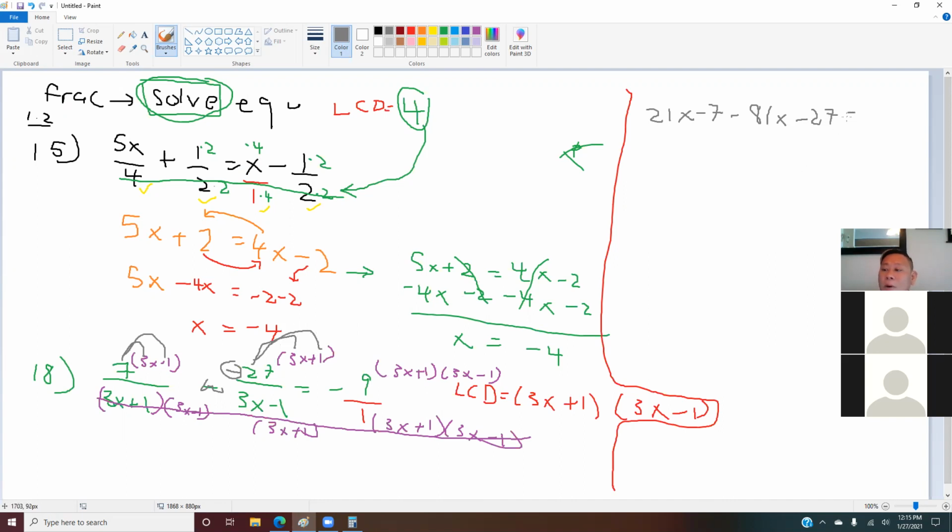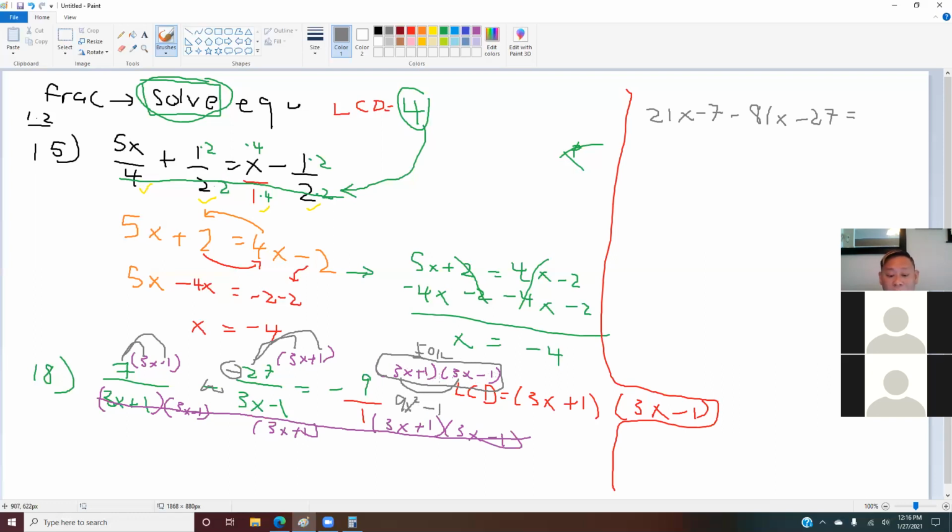Okay. Equals. Now I have no room to write here, I'll write down here. So this is another tricky part because you have to FOIL this out. But the good thing about foiling this one out is that it's a conjugate, so your middle term will cancel. So you just need to do 3x times 3x, which is 9x squared. 1 times 1 is a negative 1.